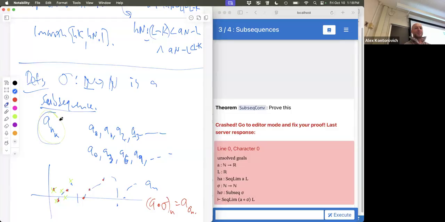Usually people write subsequences like this. I will call the subsequencing function sigma a subsequence if it's strictly increasing. So i less than j implies sigma i is strictly less than sigma j. Most people would call this not a subsequence, but monotonic increasing.